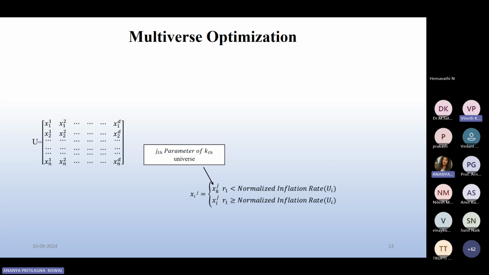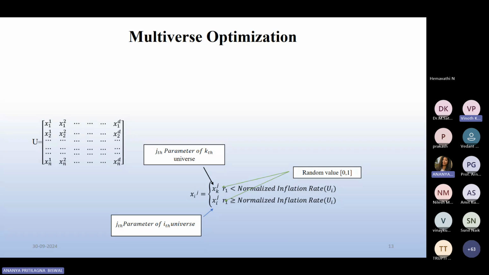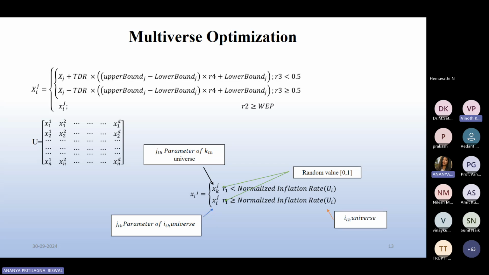Where j is the jth parameter of the kth universe, xij represents the jth parameter of the ith universe, and r1 represents the random values. The xij is given by the formula xj plus TDR multiplied by (upper bound minus lower bound) into r4 plus lower bound, where random number 3 is less than 0.5.